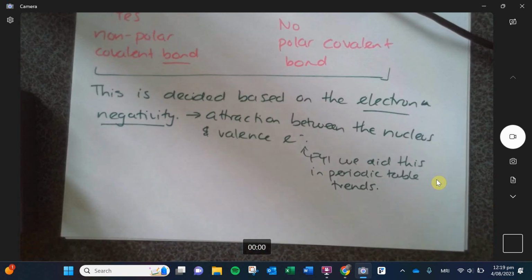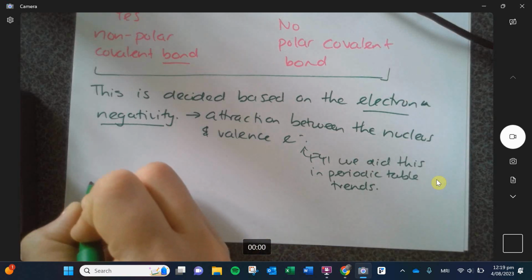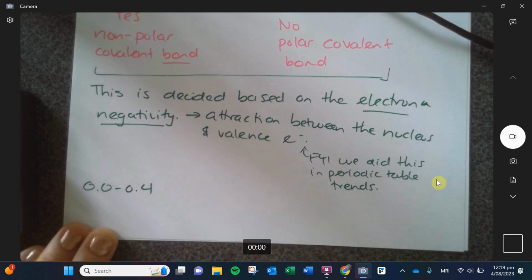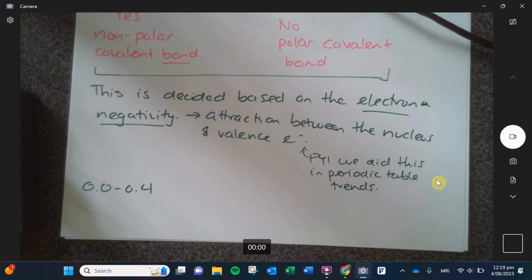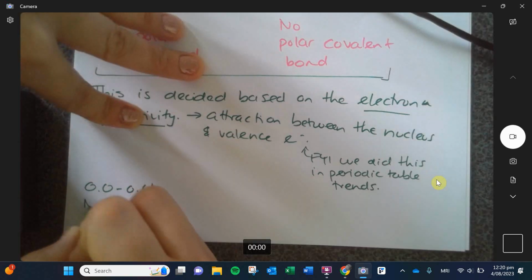All right. So when you guys are looking at the various numbers for the electronegativities, we can do a subtraction between the electronegativities of the different elements and basically get a difference. So if my difference in electronegativity between those two elements is between 0 and 0.4, those electrons are going to be shared relatively equally. So this is going to be a nonpolar bond.